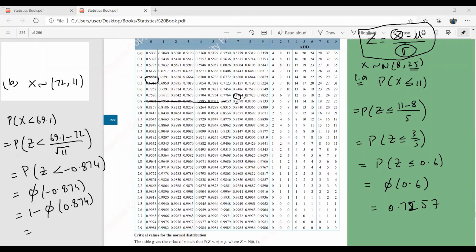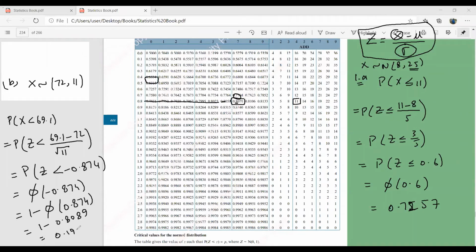So I'll be picking this, and then under the 4 I have this 11. This is going to be 0.8089. So 1 minus 0.8089. You should be very good at finding these probabilities from this table. So this is going to be 0.1911.